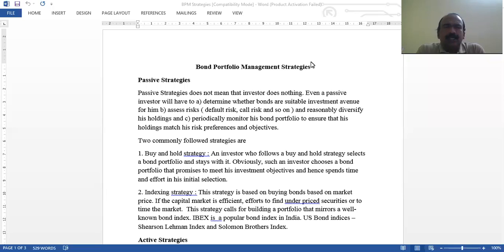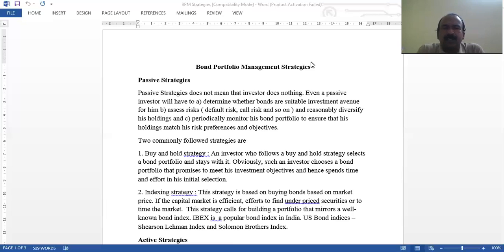He has to determine whether these bonds are suitable to his investment avenue, and assess the risk periodically, such as default risk and call risk.